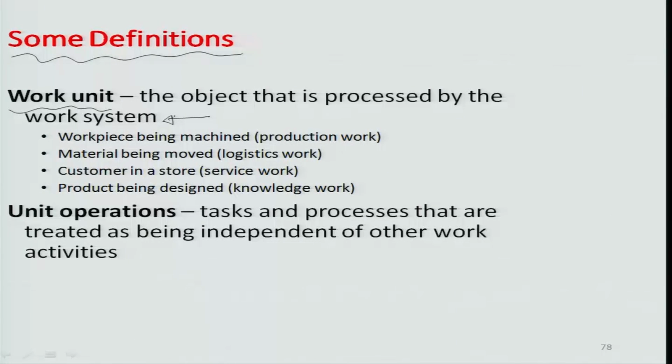What can be called a work unit could be a workpiece being machined for production work, or some material being moved for logistics work, or some customer waiting in a store for a service work, or some product being designed, which is knowledge work. So these are all different forms of work unit which could exist in such a work system.